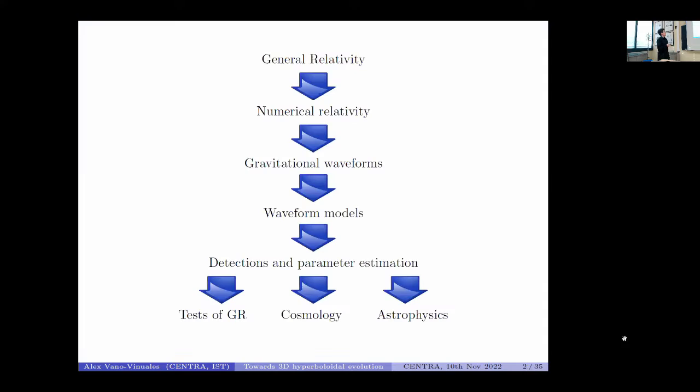Also, to locate where this work really is within the bigger picture, going from full theory on top all the way to observations at the bottom, going through all of the intermediate steps one could have.